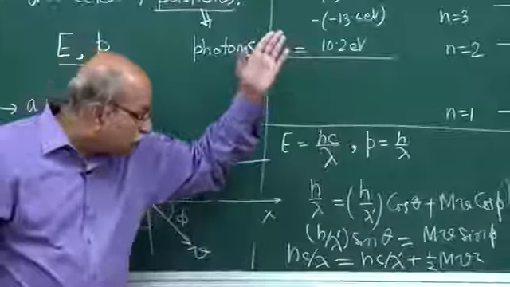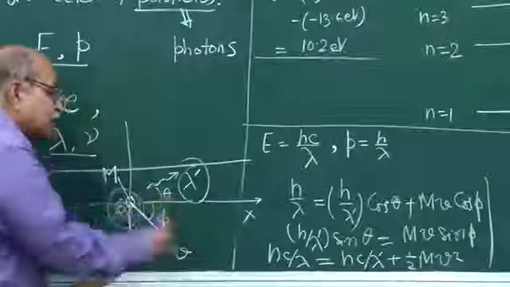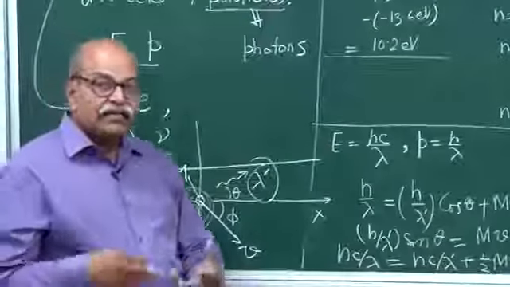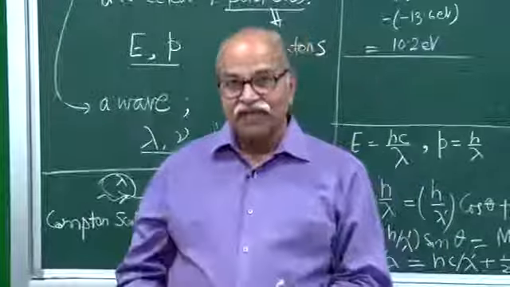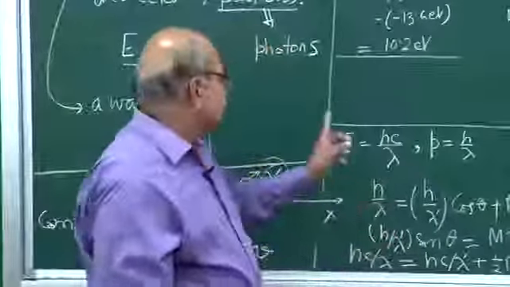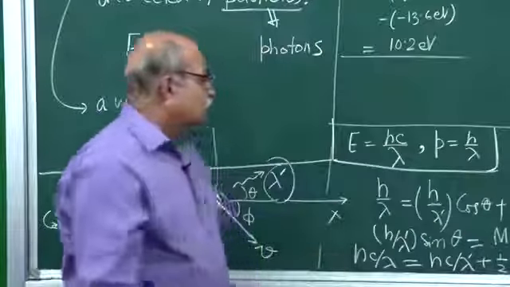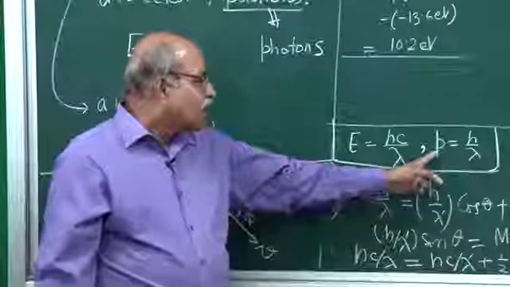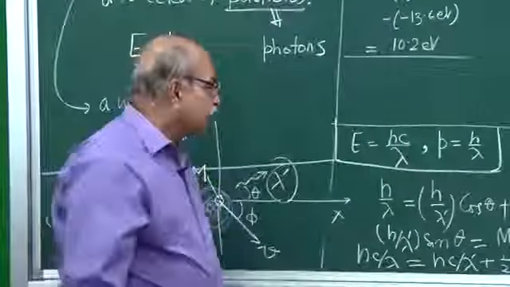And when you solve these equations, you get the correct observed relation between this lambda prime and this lambda. So light can be treated as particle, light can be treated as a wave, and the relation is given by these equations. The particle characteristic, energy and linear momentum are related to the wavelength lambda or frequency.